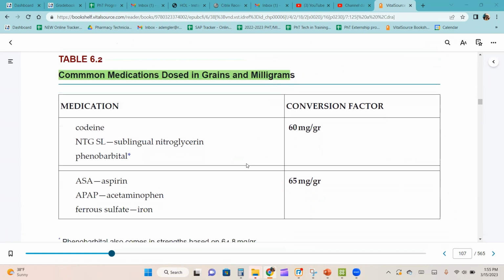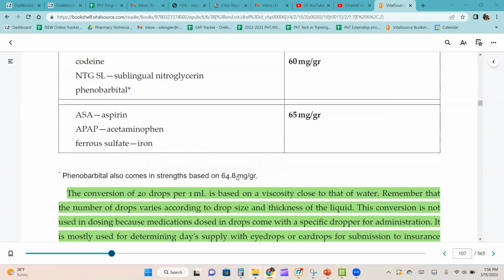So table 6.2 shows the common medications dosed in grains and milligrams. So codeine, sublingual nitroglycerin, phenobarbital, we use a conversion factor of 60 milligrams per grain. And then aspirin, acetaminophen, and ferrous sulfate, we use 65 milligrams per grain.